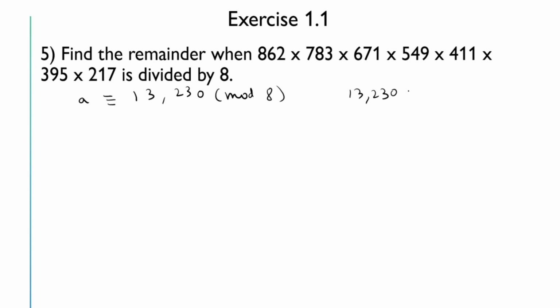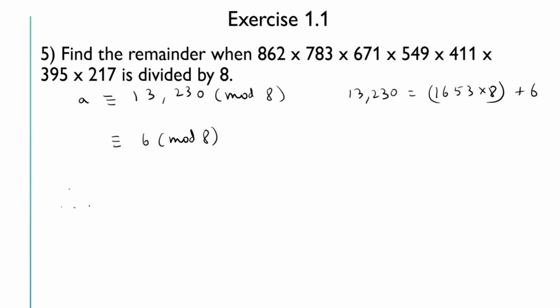13,230, when we divide by 8, we get the quotient as 1653 and the remainder as 6. So here we have this congruent to 6 mod 8. So the remainder, when we multiply all these numbers, is 6. So the answer is nothing but 6.